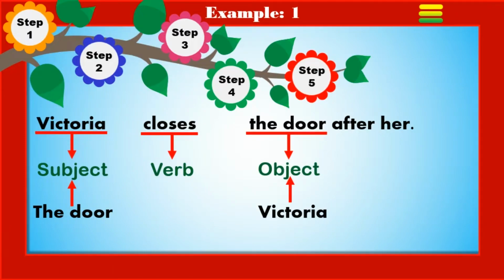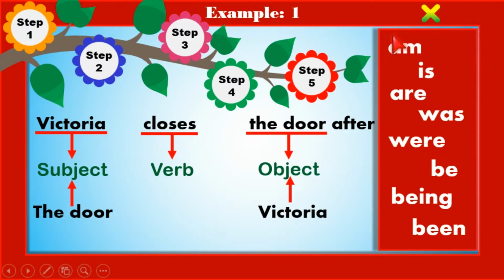So if the sentence is in simple present tense, you should use am, is, or are among these auxiliary verbs. Am goes with I, is goes with the singular, are goes with the plural. Here the subject the door is singular, so we use is.